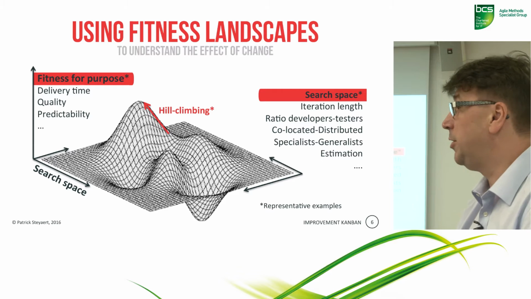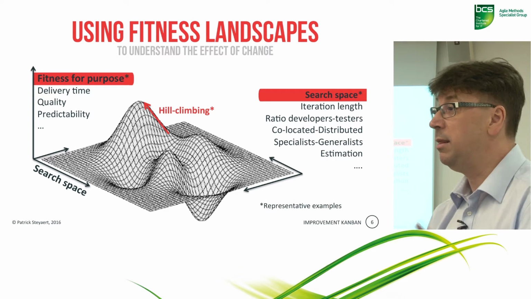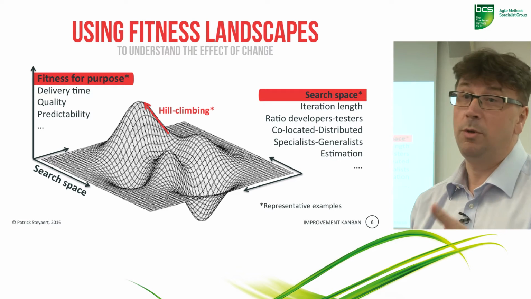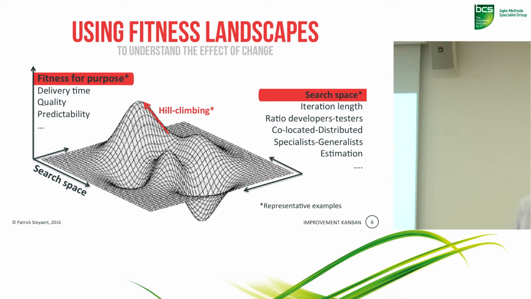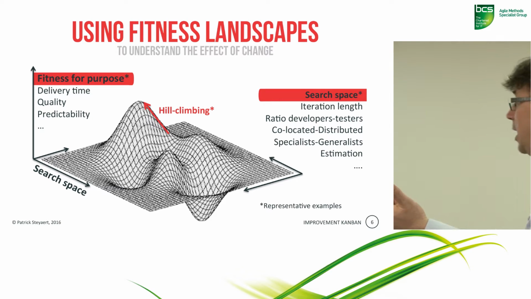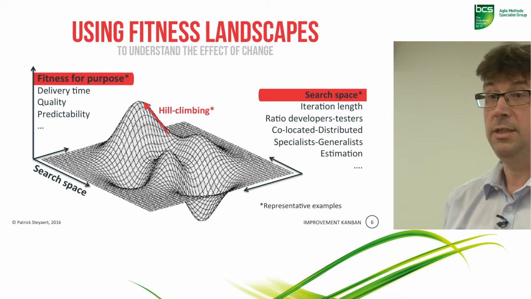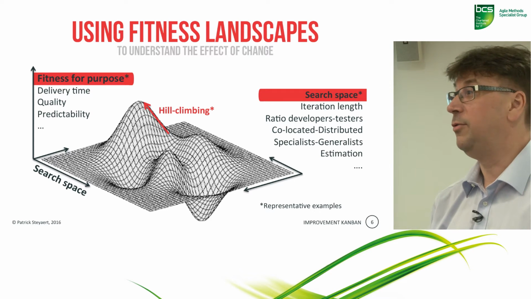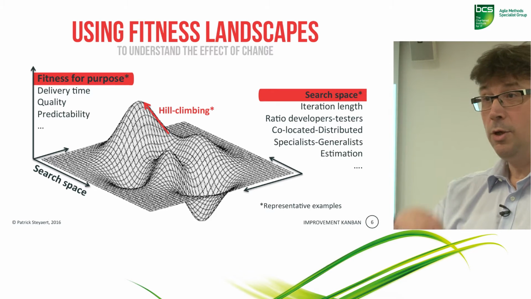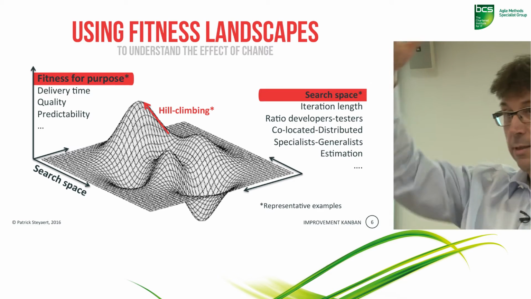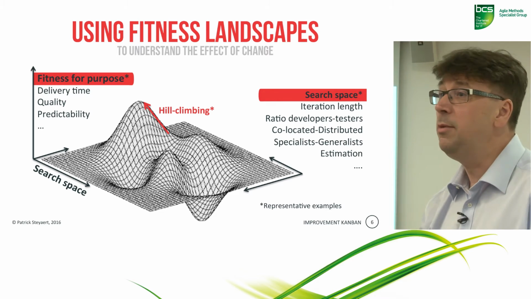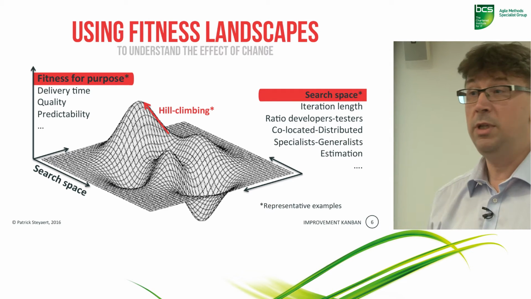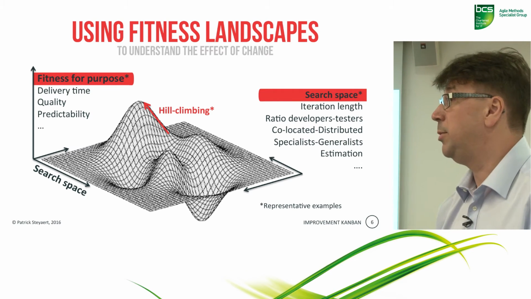As we maybe also use in Kanban, is a fitness for purpose in terms of your delivery time, your quality, your predictability, safety, stuff like that. So that's the height of the fitness landscape. So you can imagine this metaphorically as a certain landscape, and then improvement is moving around in this landscape.